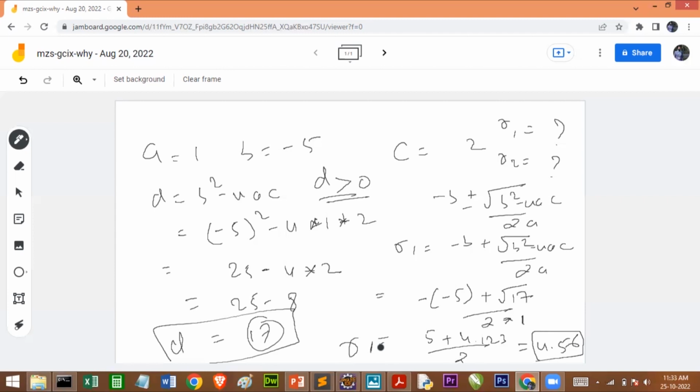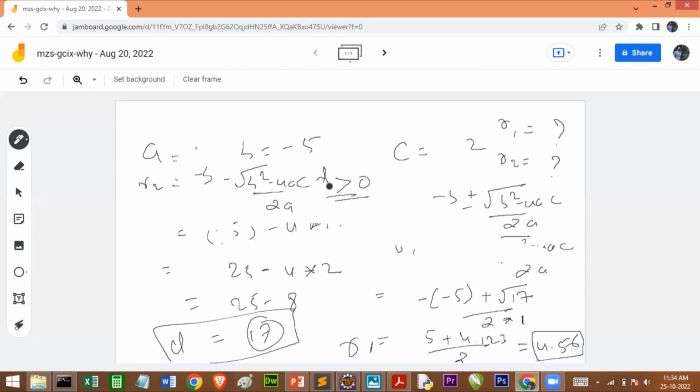For the R2 value, I'll show. For the R2 value, minus B minus square root of B square minus 4AC divided by 2A. Okay. So here, let me clear this. The B value is -5 and the determinant is 17, divided by 2 into 1.